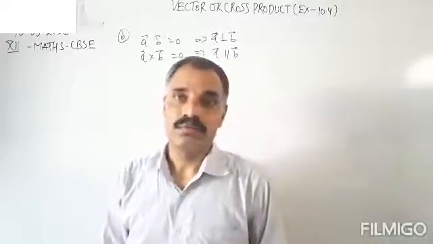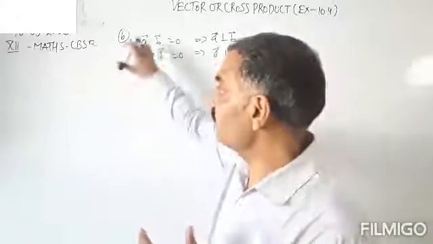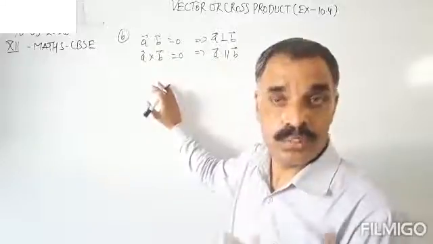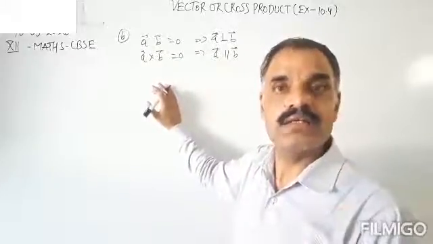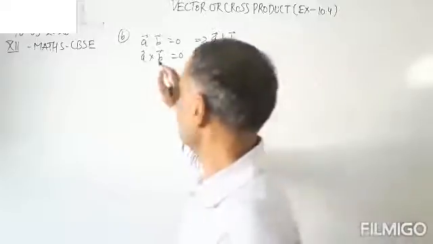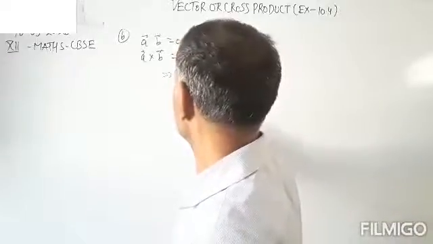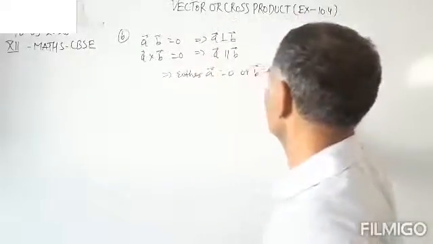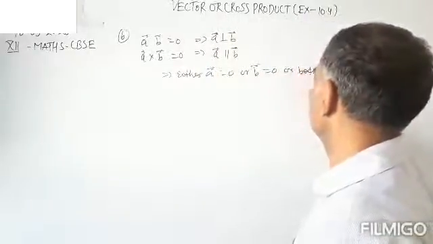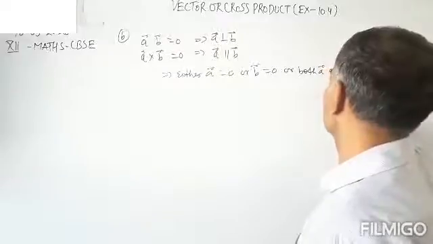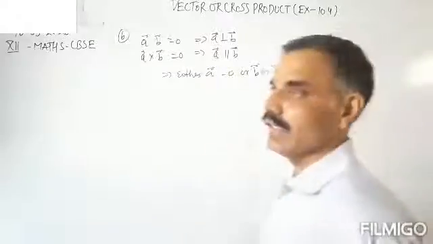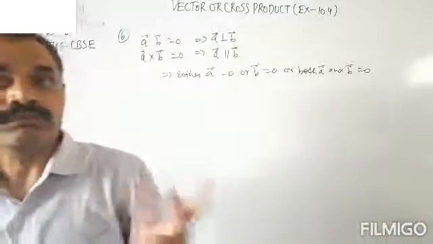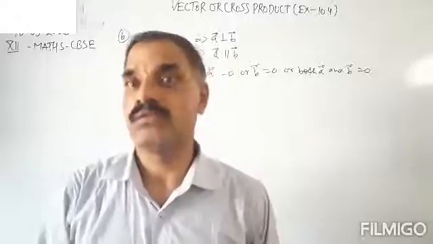So when will this be true? This will be true if both the vectors are 0 vector. Both the vectors are 0 implies that either a vector equals 0 or b vector equals 0 or both a vector and b vector equal 0.